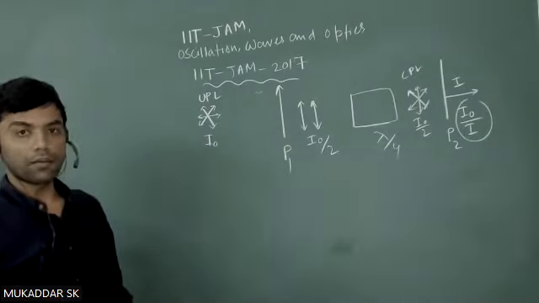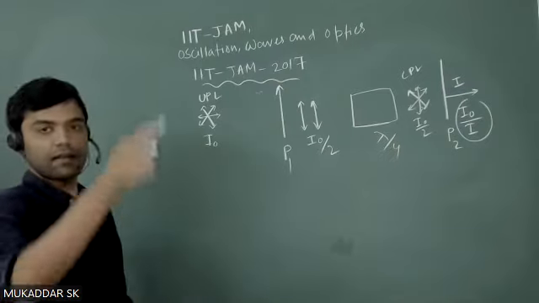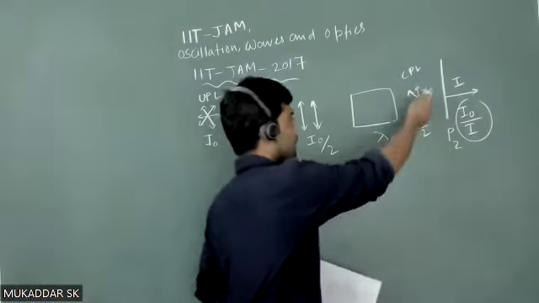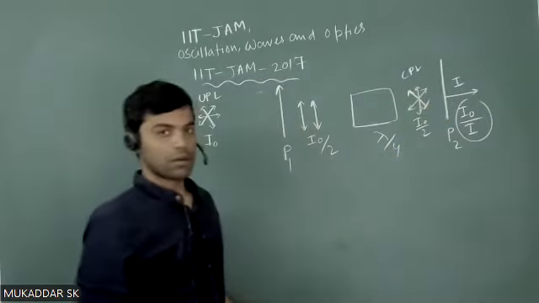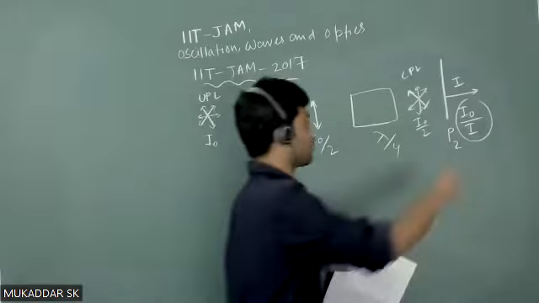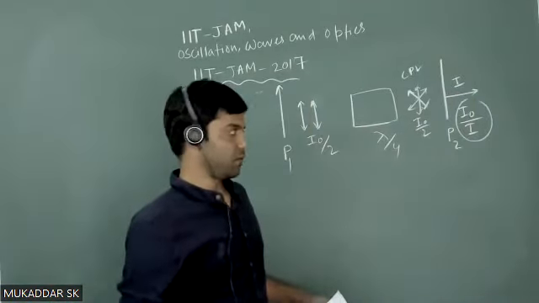Now you have circularly polarized light. Its plane of oscillation is like a circle. But when this ray strikes P2, P2 will only allow the component along the direction of its polarization axis.